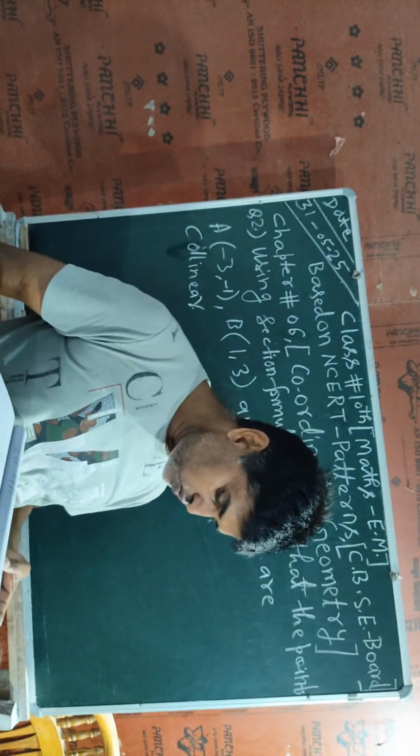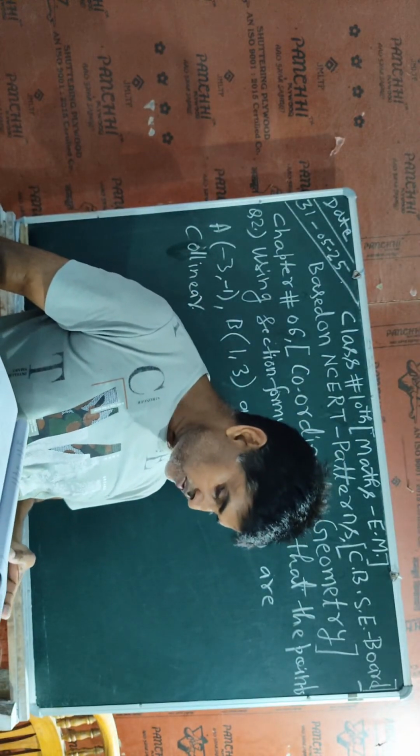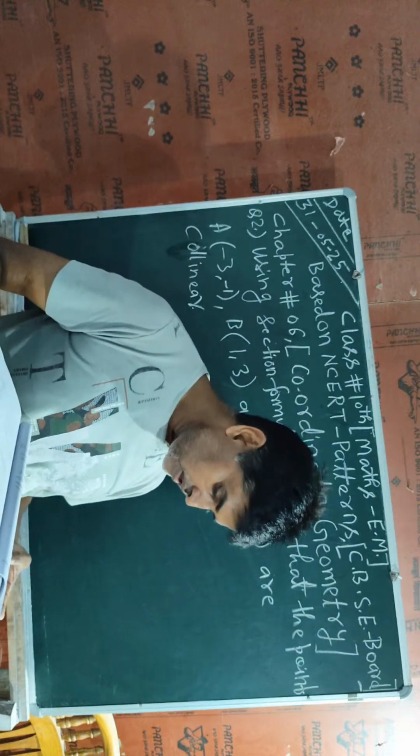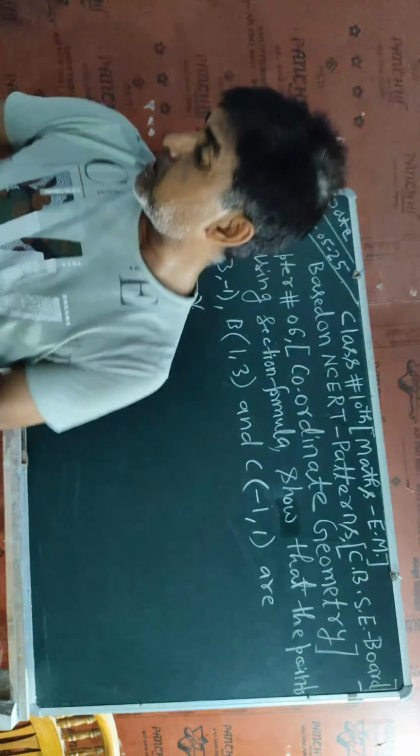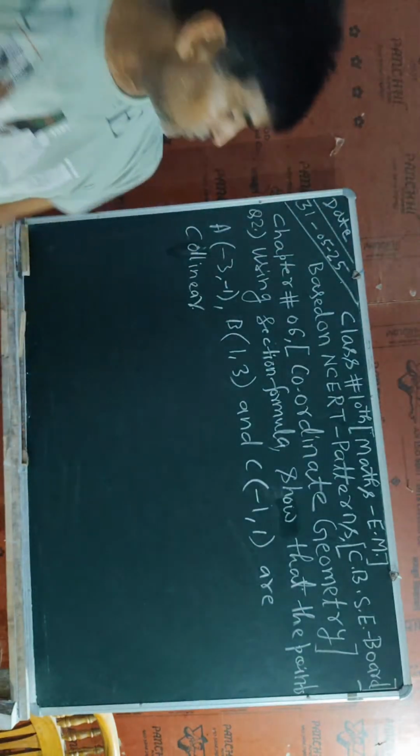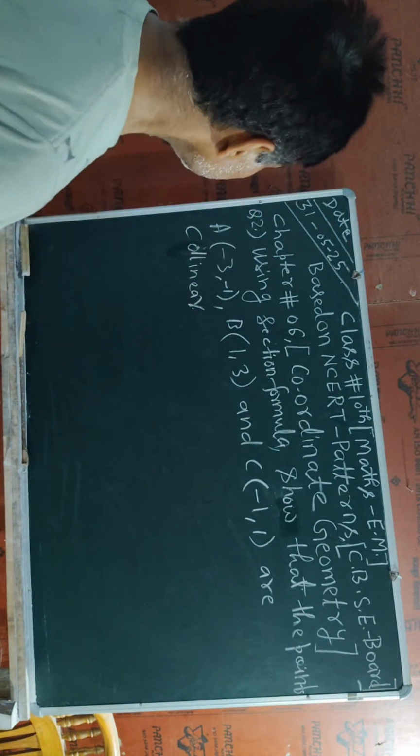Using section formula, show that these points are collinear. So we have to use section formula.